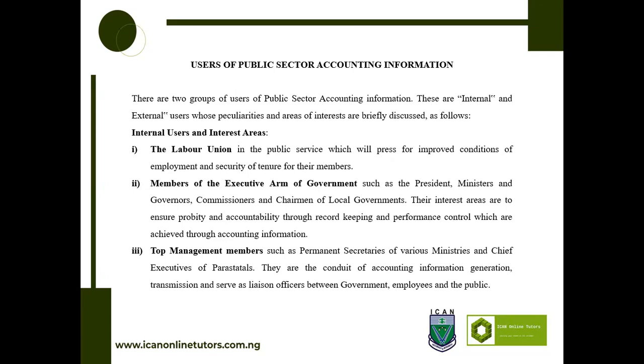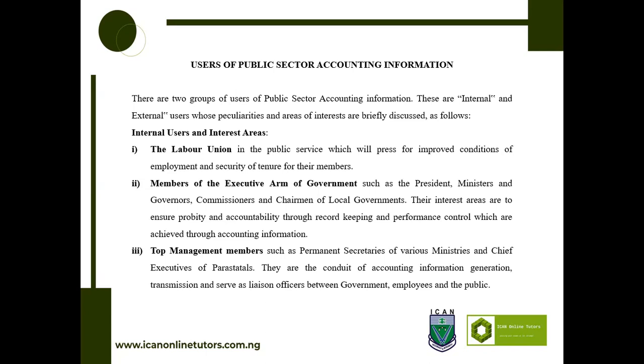Now let's take a look at the users of public sector accounting information. These users are classified or categorized into two. We have the internal users and the external users.